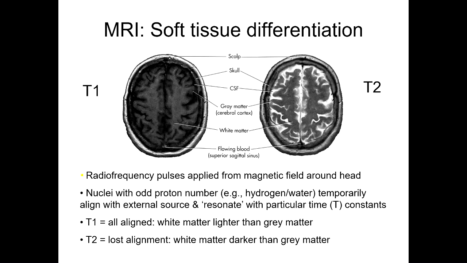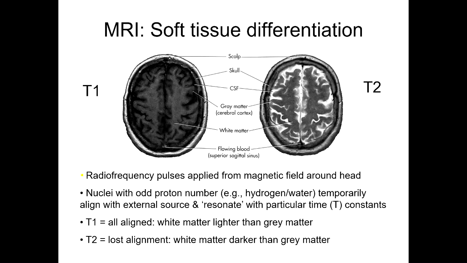Now, the radio frequency pulses that are applied from the magnetic field around the head cause the odd proton number, i.e. in hydrogen or water, to temporarily align with the external source, or to resonate, hence resonance, with particular time constants.